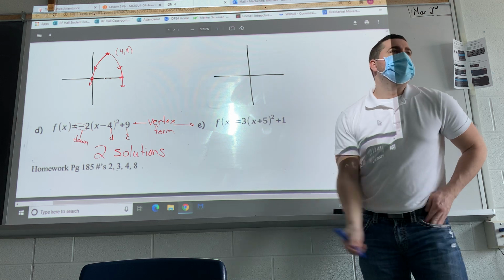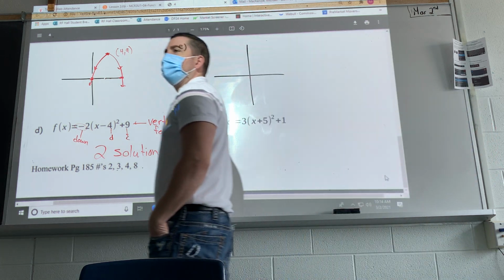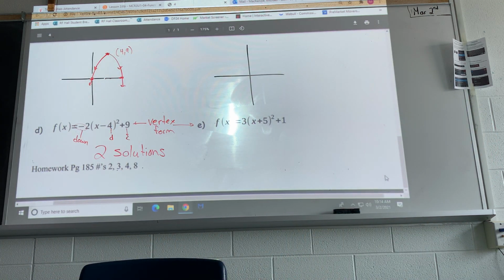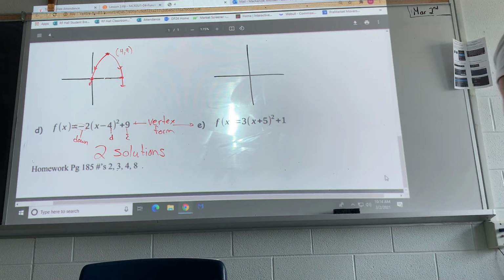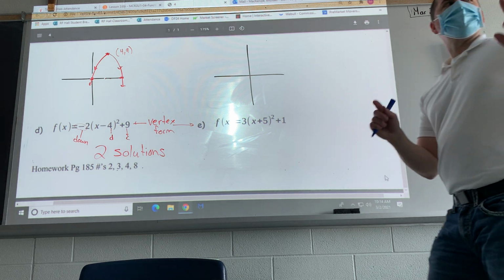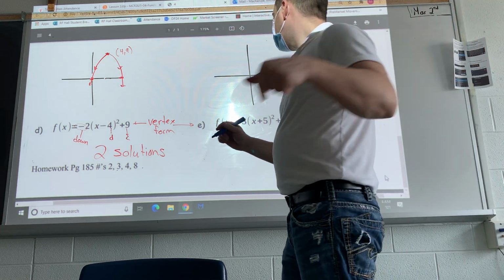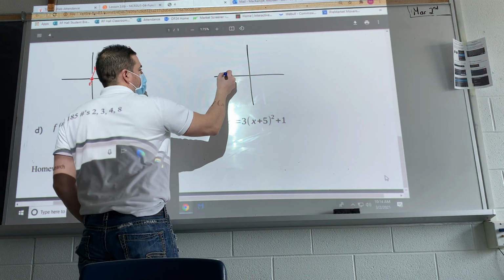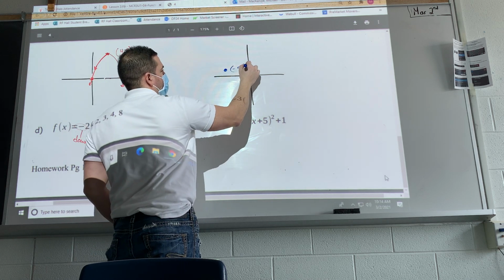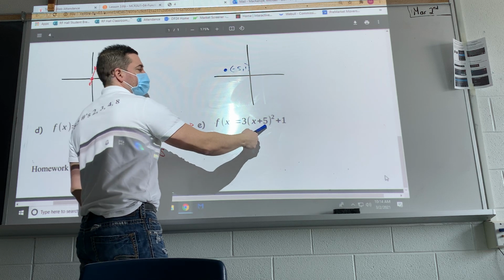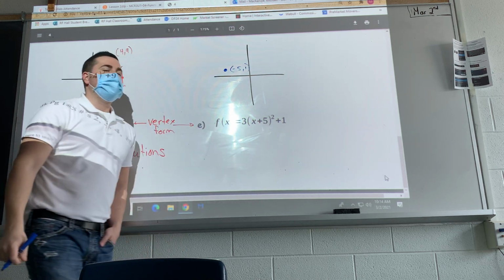Okay, what's the vertex in the last one? I mean, our last example, where would it be? -5 and 1. Good. So -5 and 1. Again, this is rough. Remember, it goes the opposite way. So this is 5 to the left, 1 up.